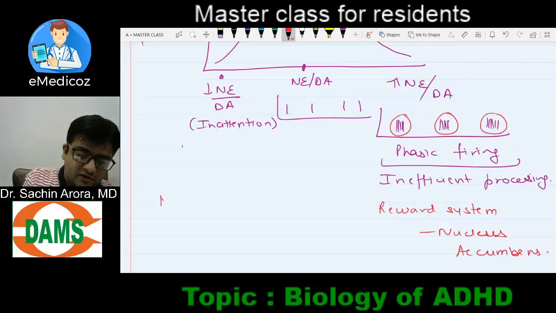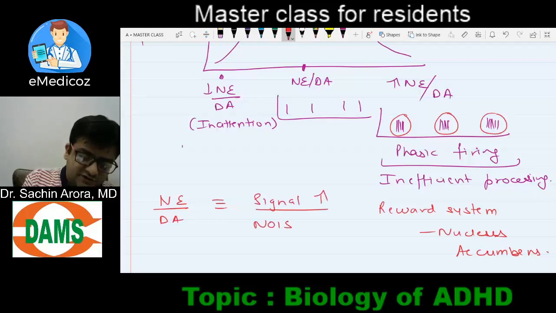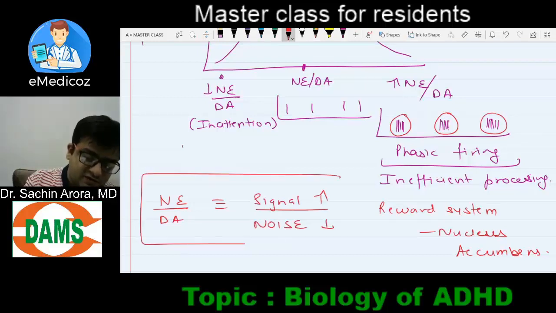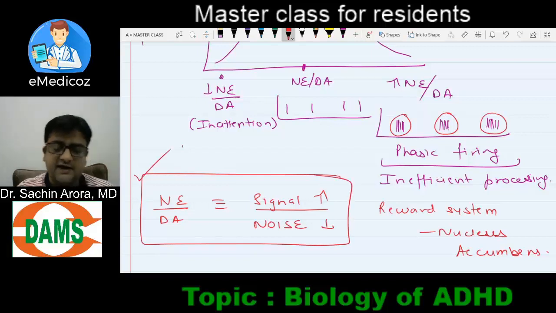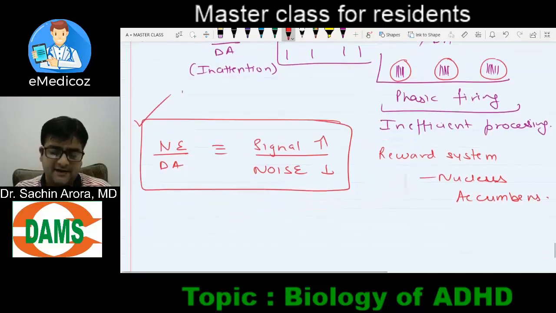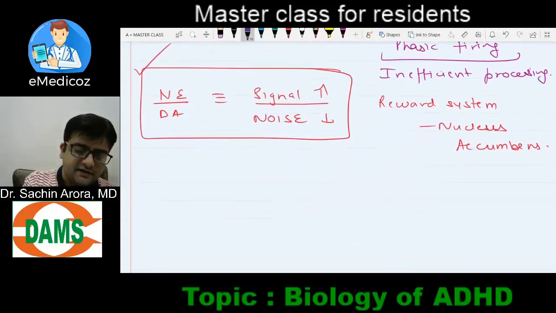Why? Norepinephrine to dopamine is directly proportional to signal to noise. This is the concept. We need an attention-based signal to stay so that attention can be sustained, and we need distraction to be avoided so that the noise is less.